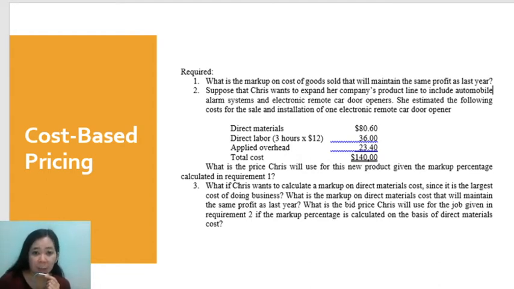For the third requirement, what if Chris wants to calculate markup on direct materials cost, since it is the largest cost of doing business? What is the markup on direct materials that will maintain the same profit as last year? And what is the bid price they will use for the job in requirement 2 if the markup percentage is calculated on the basis of the direct materials cost?